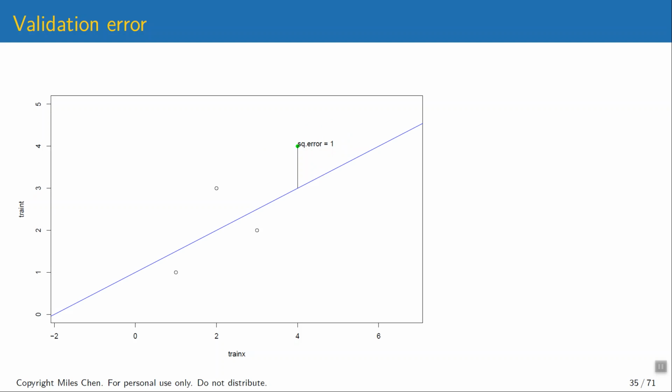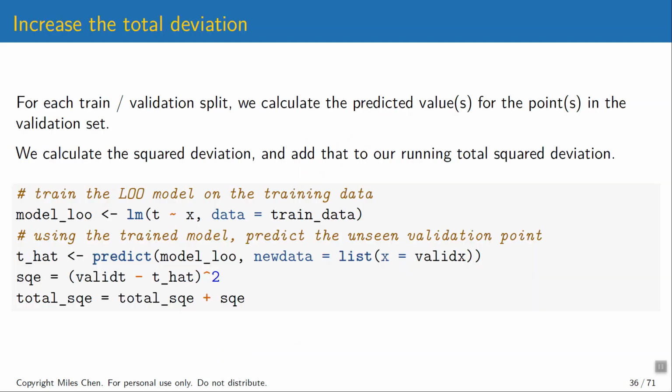We ask the model to make a prediction for the validation point, take the difference between the actual value and its prediction, square it, and add that into the total squared error. So right now, after one fit, our total squared error is 0 plus 1, a total of 1.